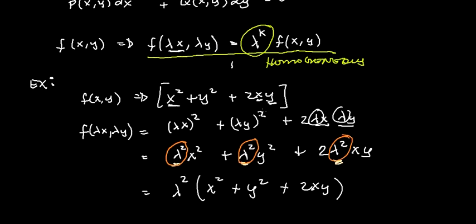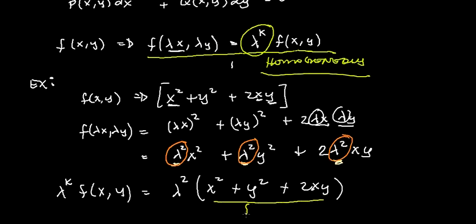Since we can express this in a form like this, lambda raised to k and then a function of x and y, the said function is homogeneous. This part is the function of x and y, and this part is our lambda with the k, which is the degree.